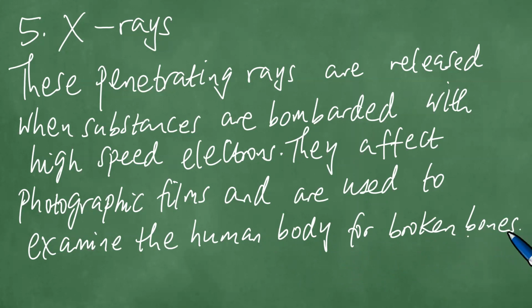So let's speak about the X-rays. What are X-rays? What part of the EM spectrum is this? These penetrating rays go through the human flesh. If they are shown on your body, on your chest, etc., these penetrating rays are released when substances are bombarded with high-speed electrons.